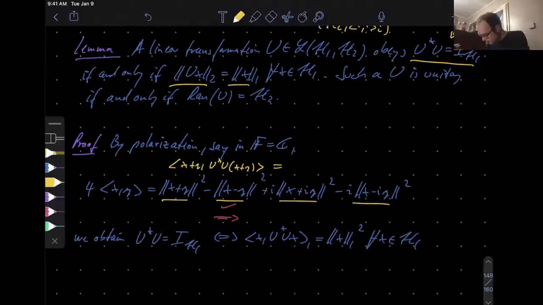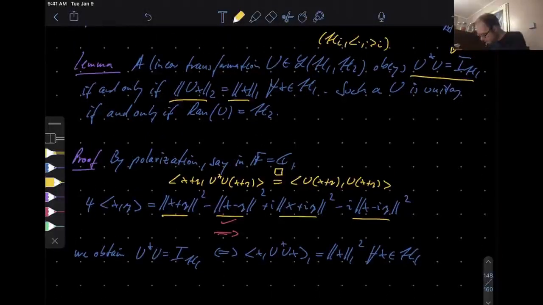Now what you do is you use the definition of the adjoint, that was our yellow box. You move the u to the first vector, you get ux with u of x plus y. And now you can use linearity of u. U is a linear transformation, so that allows you to write this as ux plus uy in the first vector and the same in the second vector. But then what you have here is the norm of ux plus uy squared.